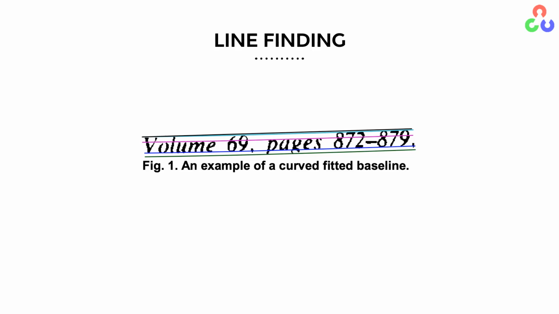For example, they first find the line. And here you can see the line that they recognize is that dark line. But the pages may actually be curved. So they do some analysis, very low level vision analysis on these blobs to fit a curved baseline. So this blue line that you see is actually not a straight line.